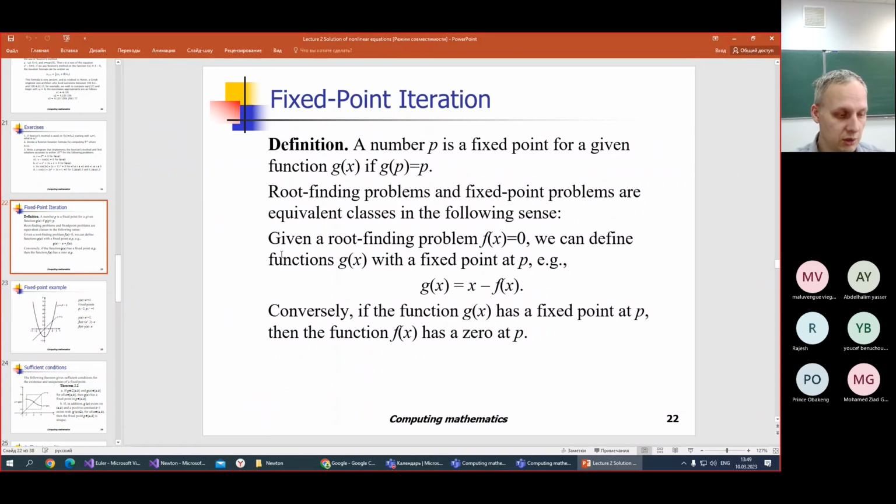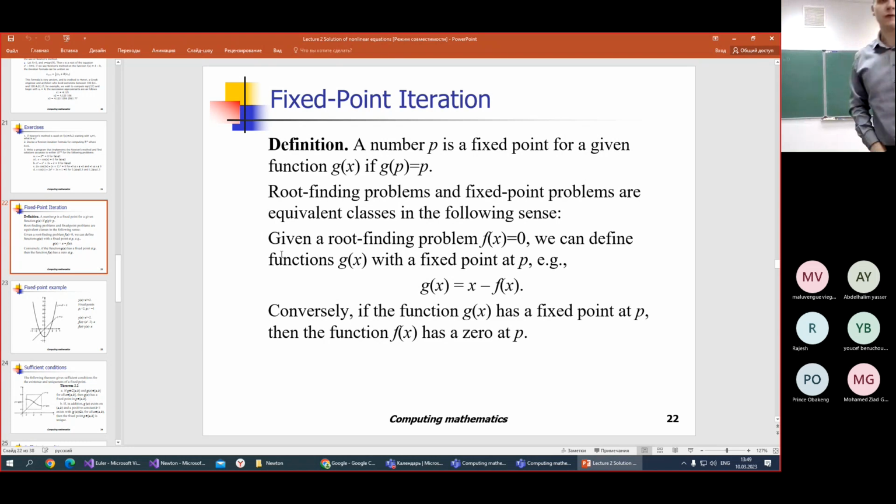So the property is very simple. p is called a fixed point if g of p equals p. This is a property of a fixed point.